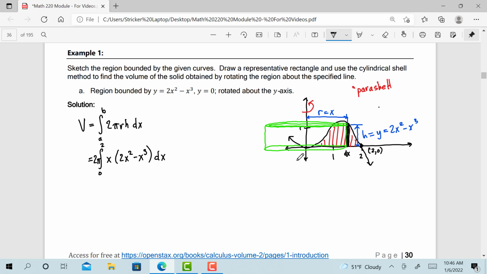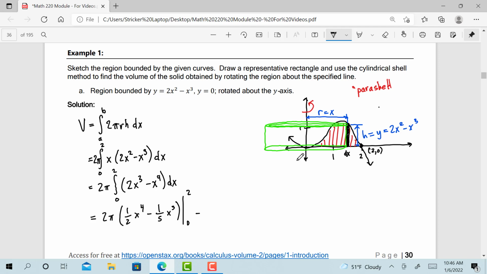And that's it. Before you integrate, you do need to distribute. So we have 2 pi times the integral from 0 to 2, and distributing that x in, we have 2x cubed minus x to the 4th dx. We have 2 pi, and taking the antiderivative, we have 1/2 x to the 4th minus 1/5 x to the 5th, evaluated from 0 to 2.